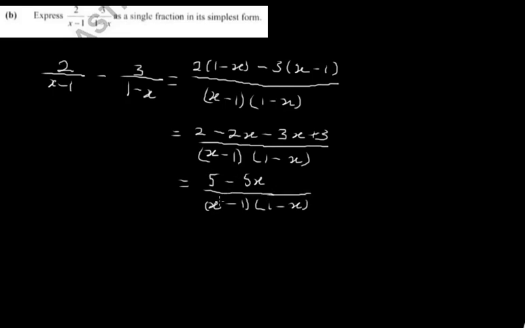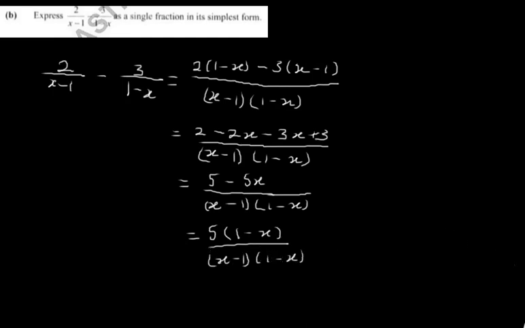We can factorize the top part and we will have 5 times 1 minus x over x minus 1 times 1 minus x.